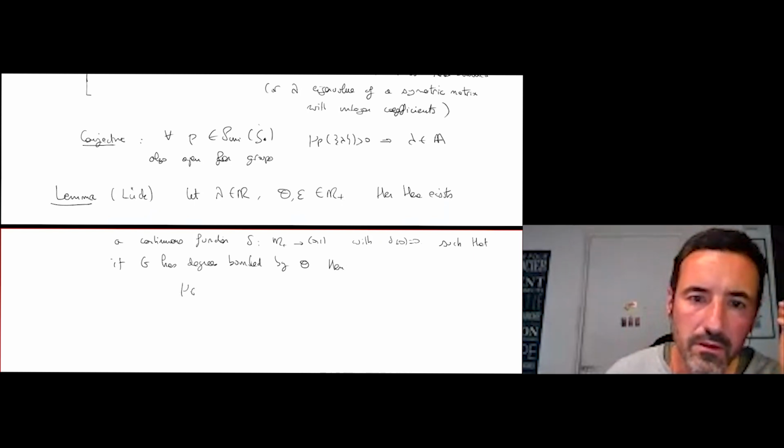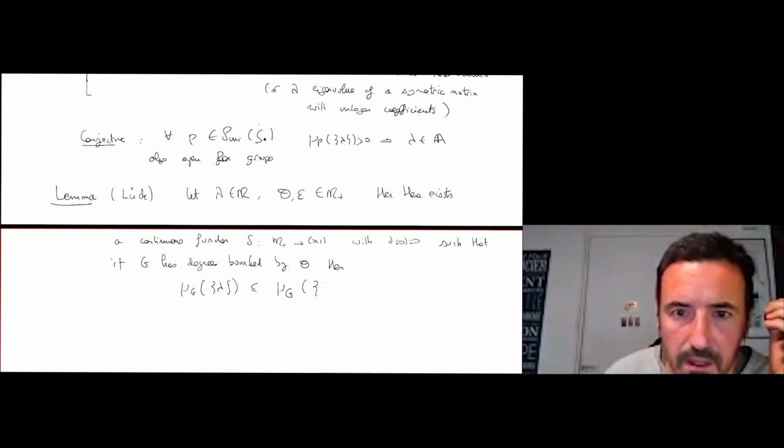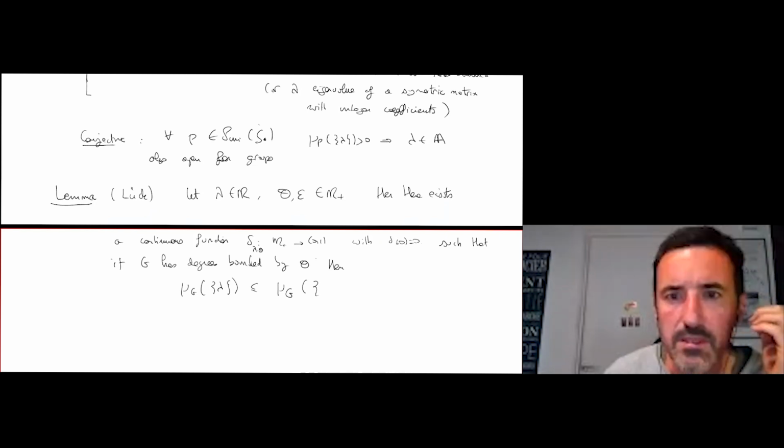mu of G, the empirical measure of the eigenvalues. So the function depends on lambda and theta.